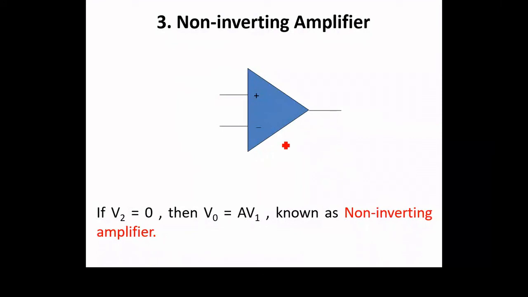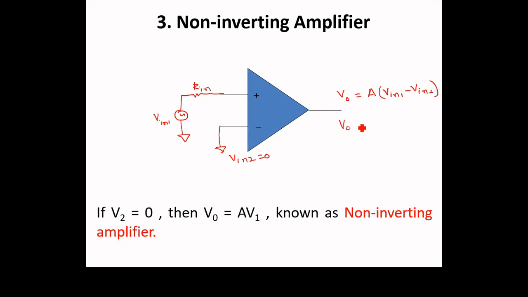Next, non-inverting amplifier. In the non-inverting amplifier, to this second terminal we are not going to apply any voltage. Only to the first terminal we are applying the input voltage. So in this case, V naught is given by A into V in 1 minus V in 2, and V in 2 is 0 in this configuration.